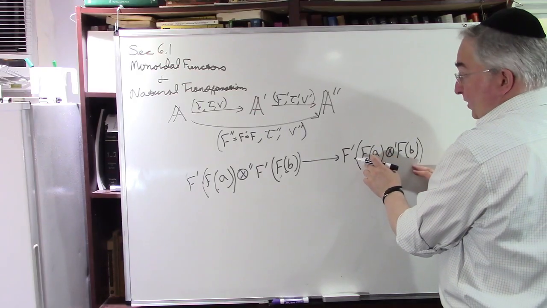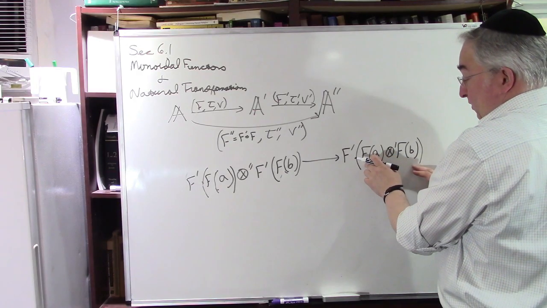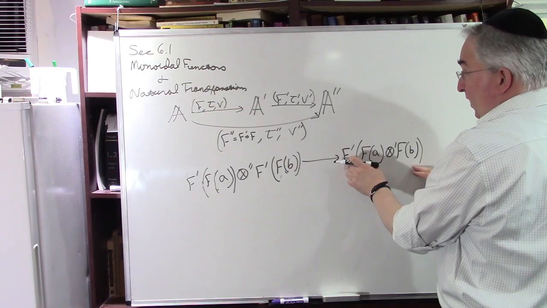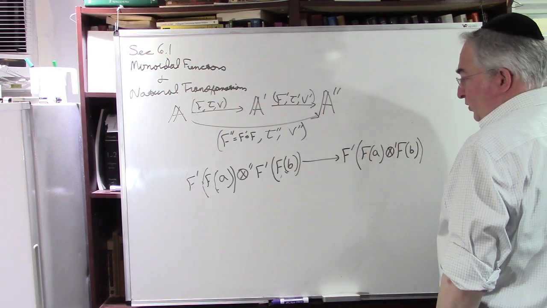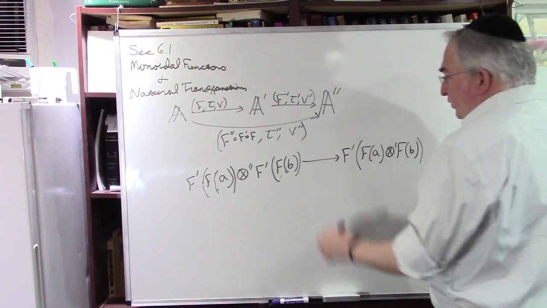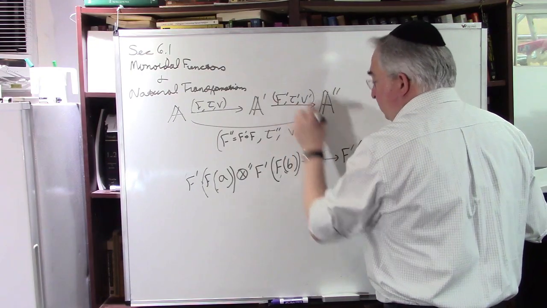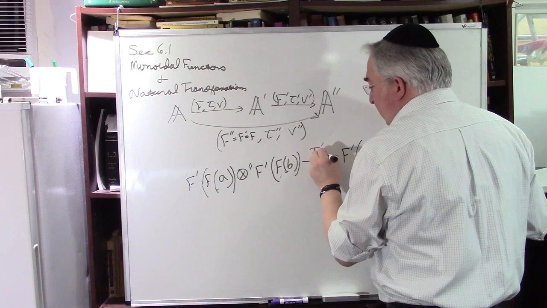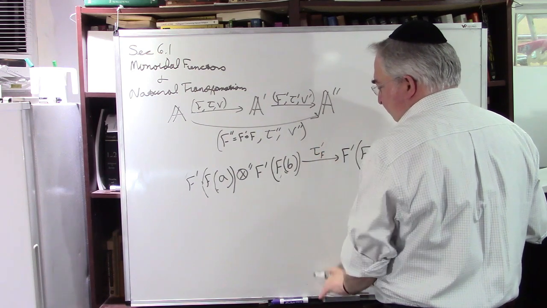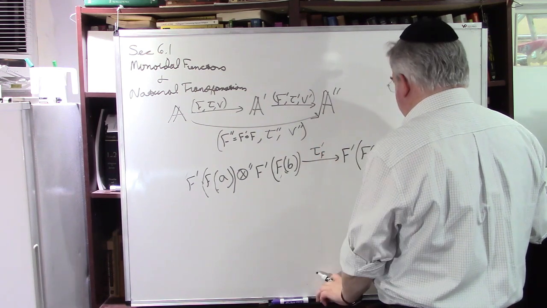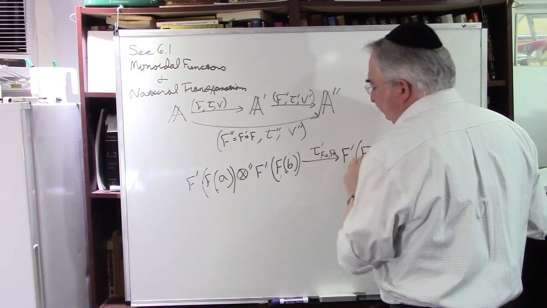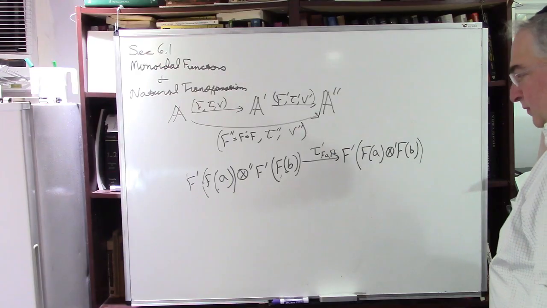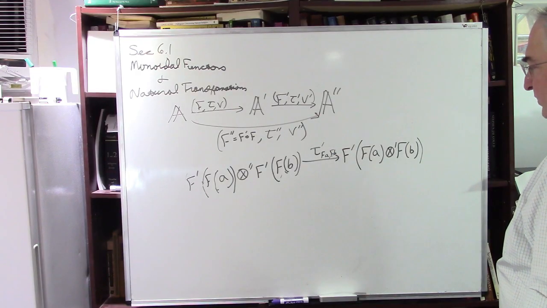This is now in A prime, and F of that is in here. So this whole thing is in here. Okay, so what should we call this? We should call this tau prime of F of A, no, you're right, F of A, comma, F of B. Okay, that's exactly what it is.